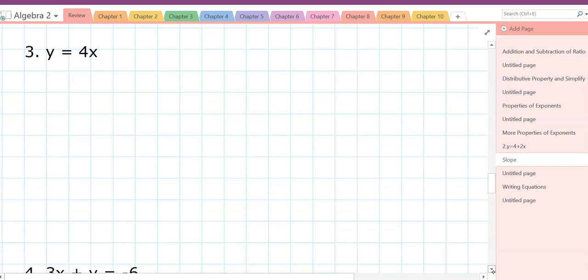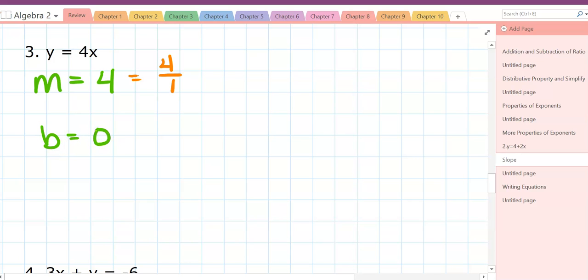Number 3 says y equals 4x. What's your slope for this problem? Four over 1, okay, or you can write just 4, and when we use it for rise over run, you might want to think of it as 4 over 1. What's my b, though? 0.